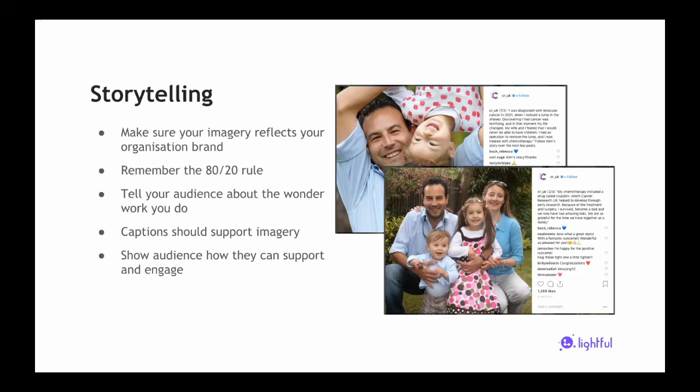So it's good to use that 80-20 rule to split storytelling and then giving people a way in which they can help your organization or get involved with your organization.